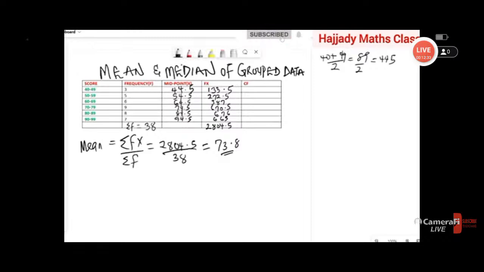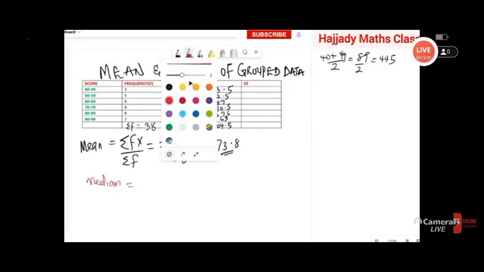And for that, let me change my pen here. Yeah, let me change to red. So for our median, we are going to make use of this formula. Let me make it thick.